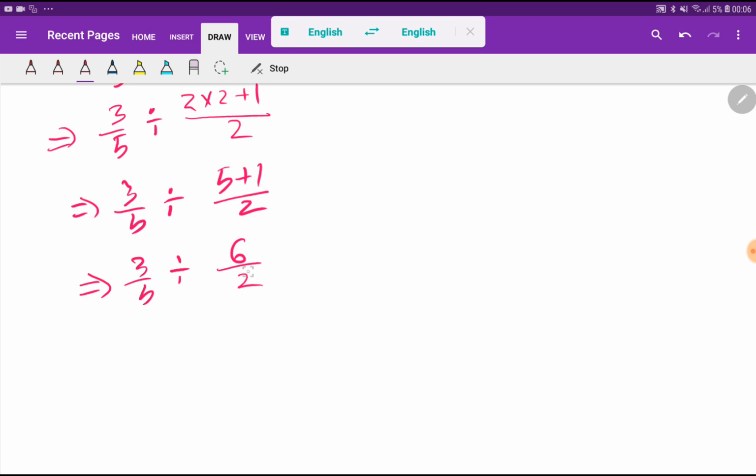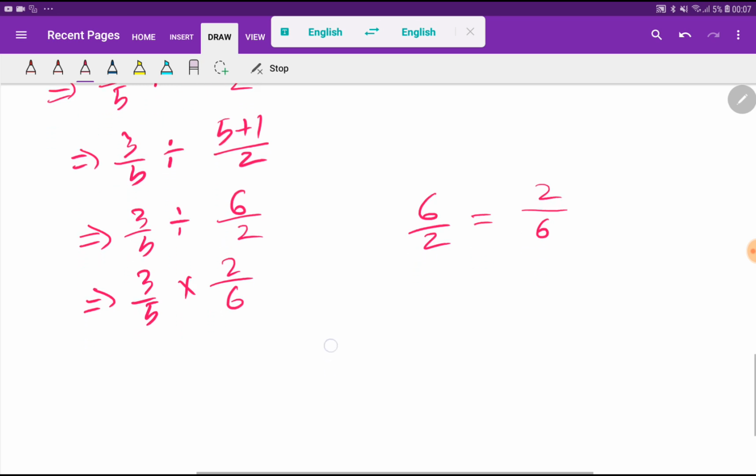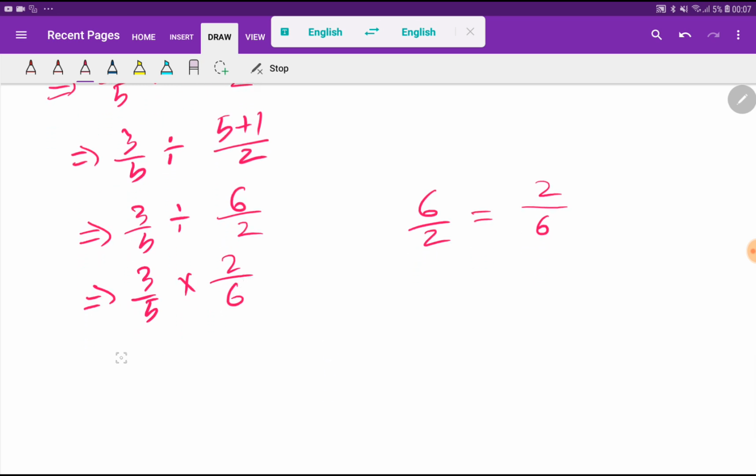So to divide, we have to divide 3 over 5 by 6 by 2. So here 6 by 2 is the divisor. So we have to take the reciprocal of 6 by 2, that is 2 by 6. Now I will change the sign and I will take the reciprocal of this fraction. So basically we are getting this. So now I need to reduce, right?